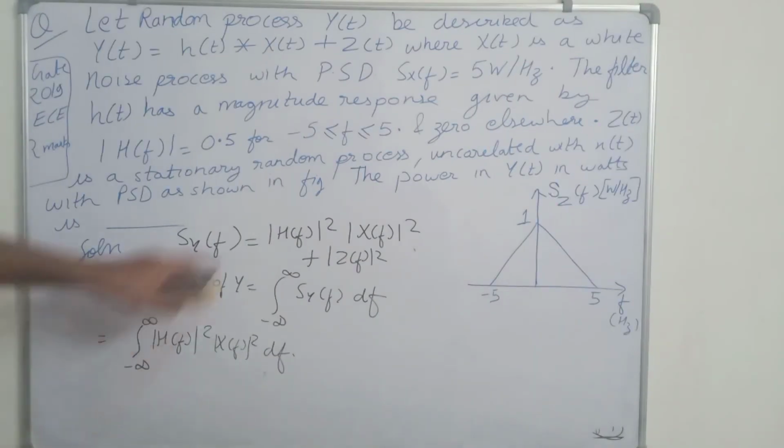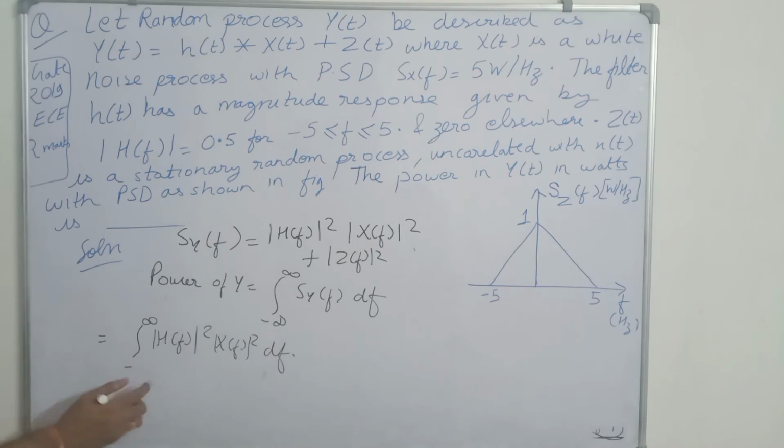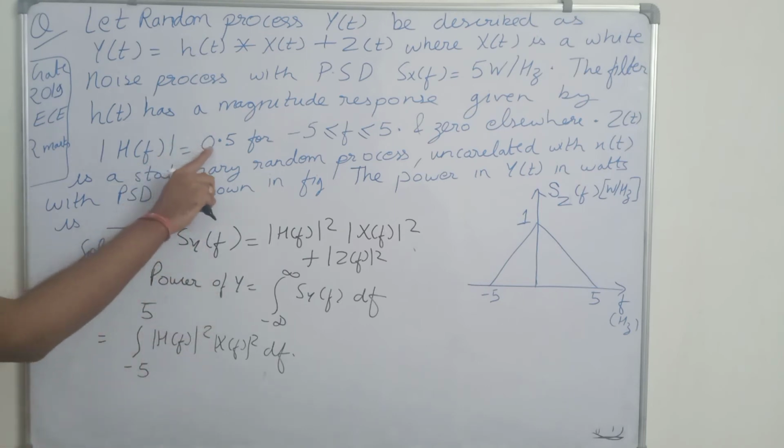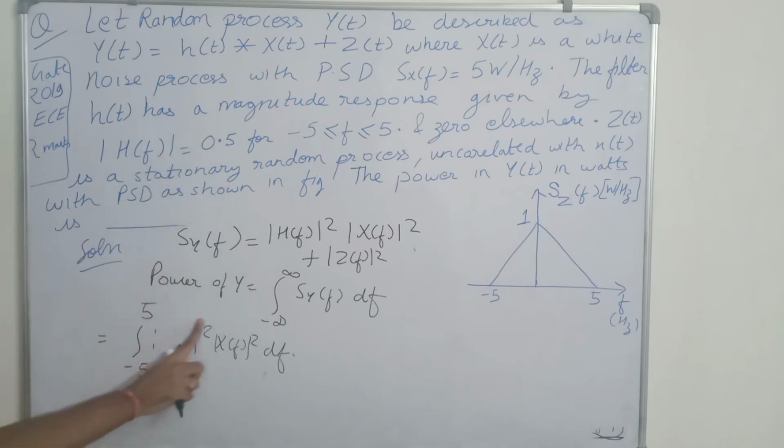But h of f only exists from minus 5 to 5, so this integral will change from minus 5 to 5. And h of f is 0.5, so h of f whole square will be equal to 1 upon 4.